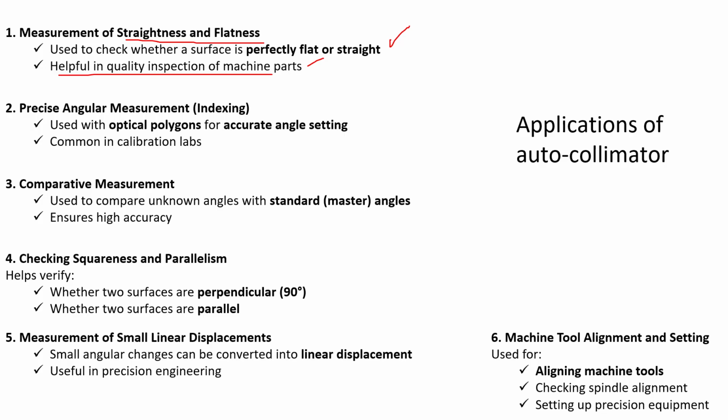And the last application, very important, is machine tool alignment and setting. The autocollimator is used for aligning machine tools, checking spindle arrangement, and setting up precision equipment. So this is regarding the autocollimator, and thank you.